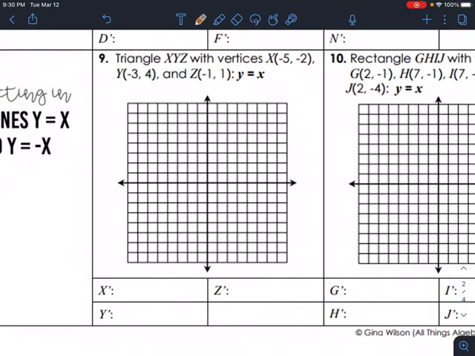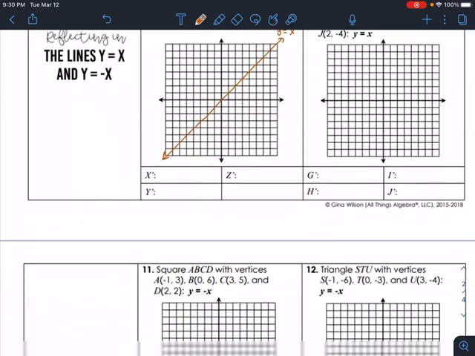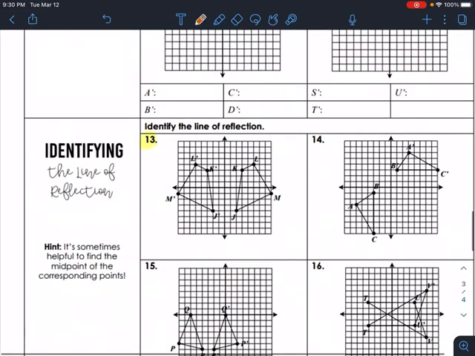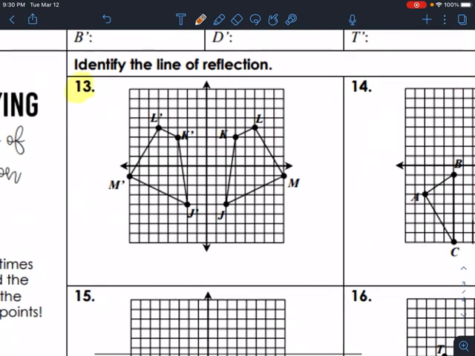Remember, y equals x is just this line that goes through right here. You can always plot these lines on Desmos to see what they look like. You would do the same exact process where you measure the distance away from the line to plot the reflection.